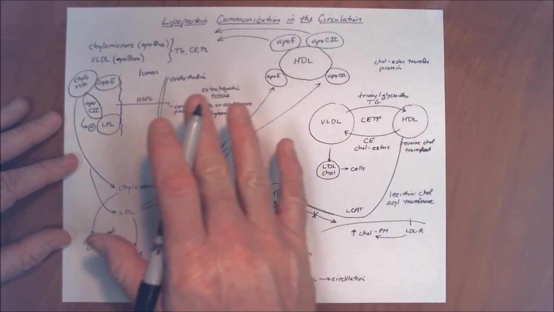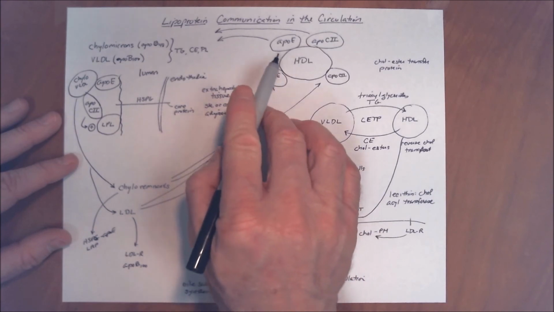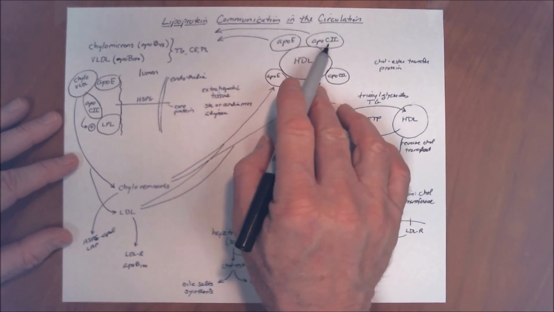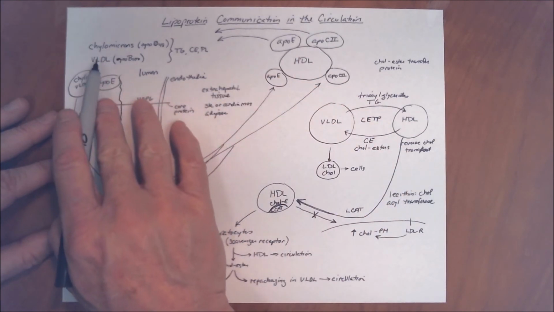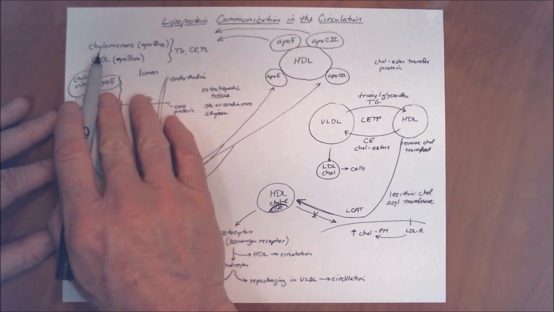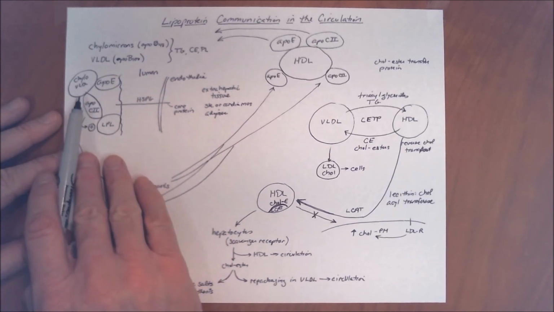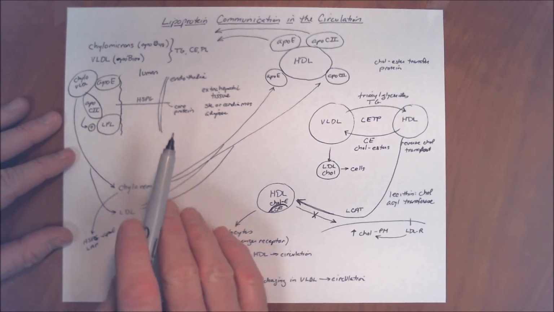So this pathway of lipoprotein communication is important for the factors that are being held in a reservoir in HDL, such as ApoE and Apo2C, from being transferred onto the lipoproteins that are the fatty acid and cholesterol carriers so that they may be processed. Fats removed and delivered to extrahepatic tissue.